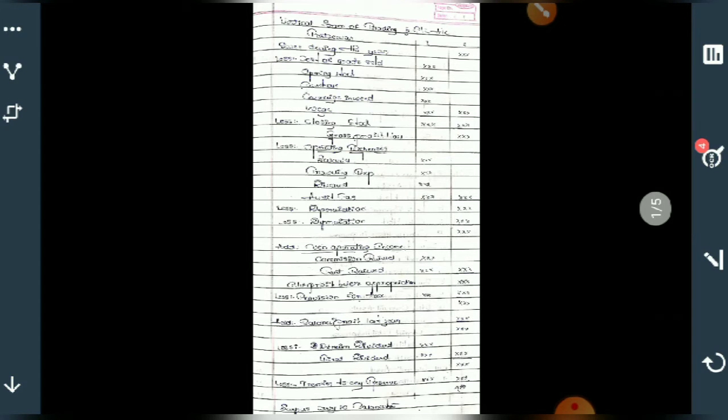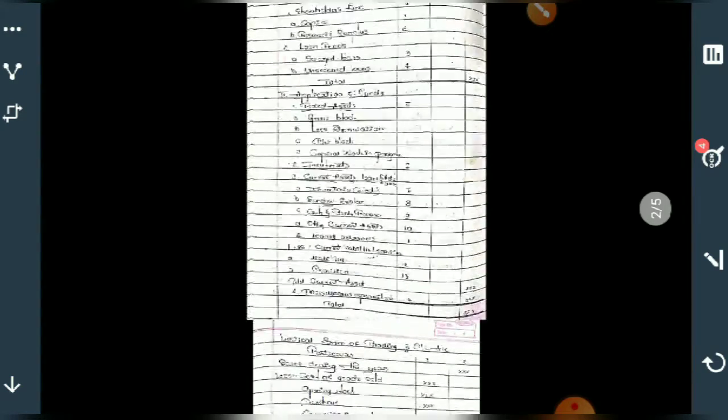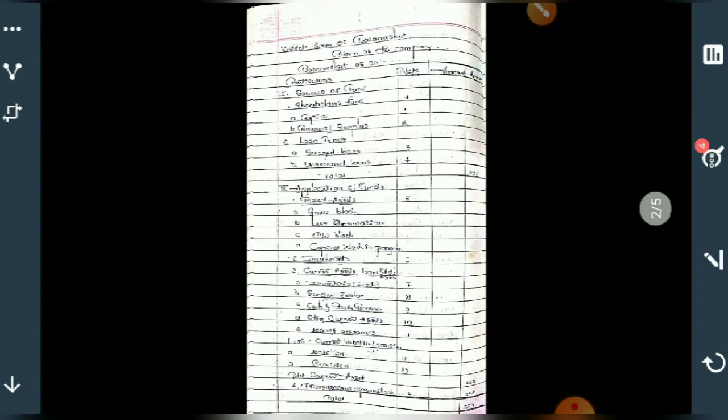After preparation of the trading and P&L account, you are going to prepare the balance sheet. The balance sheet format I have also written on one particular page here, so let us go in deep. Generally, in the horizontal manner, you write the balance sheet in left and right hand side format, isn't it?